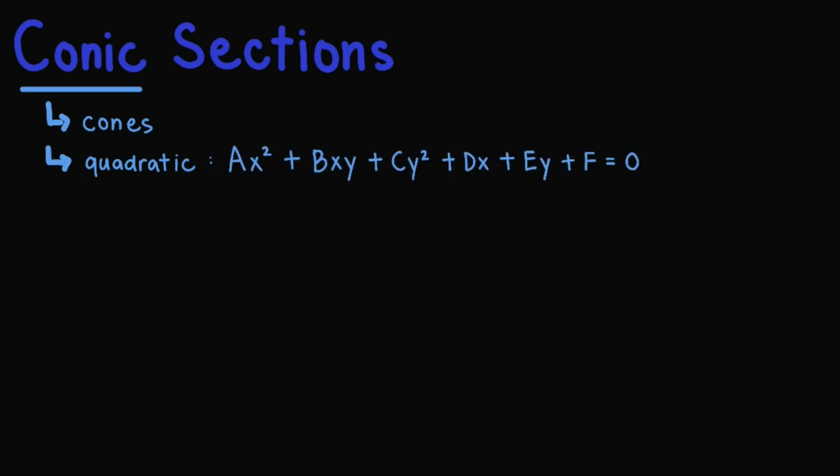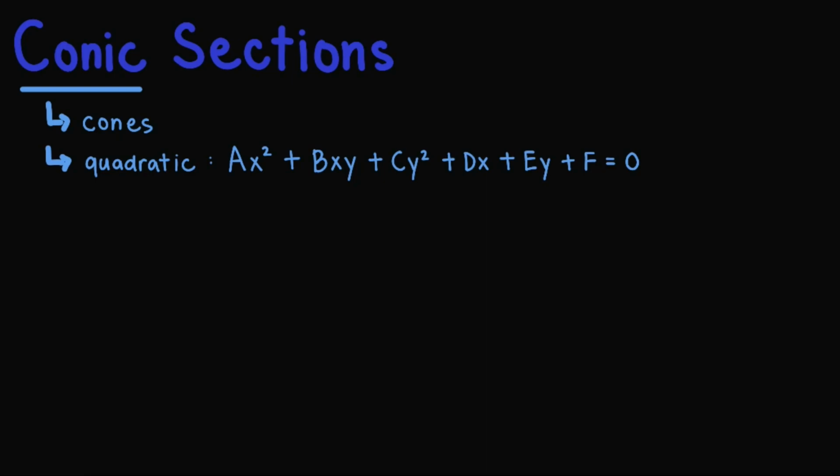By the name itself, we'll be using cones to discuss this one. But first, take note that we'll be dealing with quadratic relations here. So the general form is given by ax squared plus bxy plus cy squared plus dx plus ey plus f equals 0.